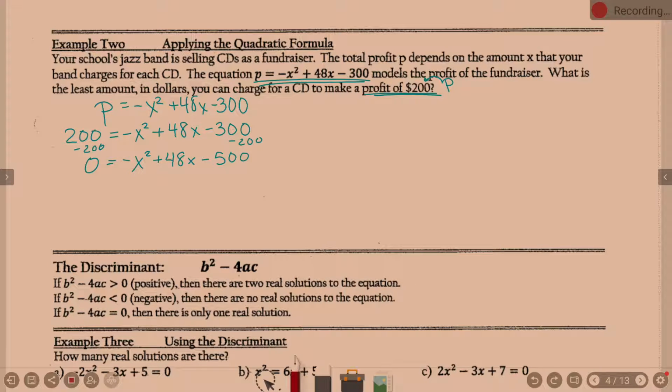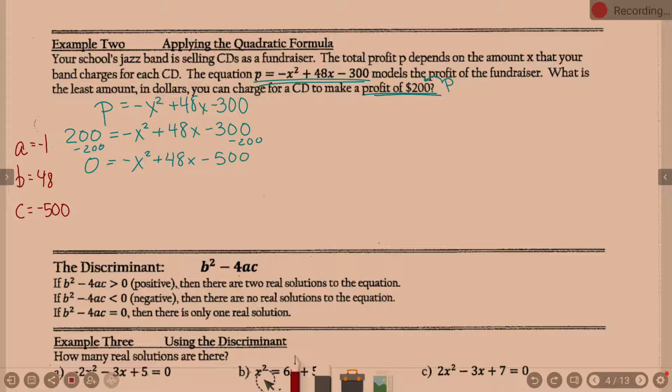A is -1 because it's in front of x squared. B is 48 because it's in front of x. And C is negative 500 because it's the constant at the end.